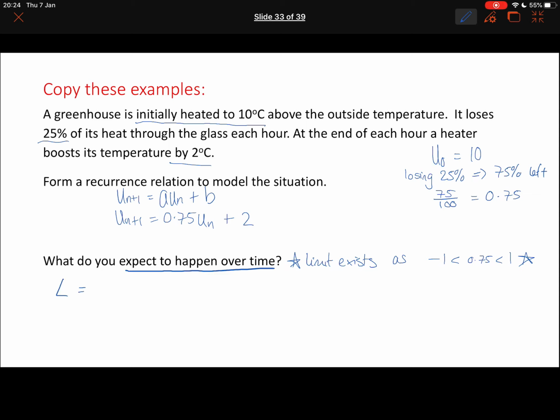Once you've written that, it's just on to calculating the limit. So limit is equal to b over 1 minus a. So our limit is going to be equal to 2 over 1 minus 0.75, which gives us 2 over 0.25, and that will come out as 8.